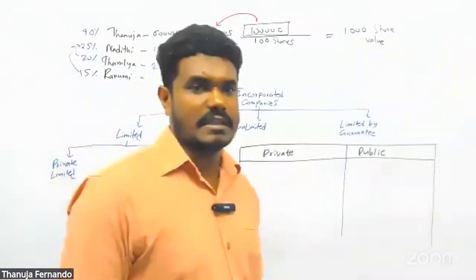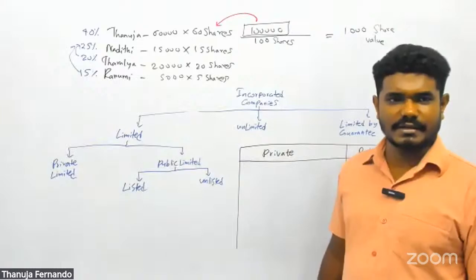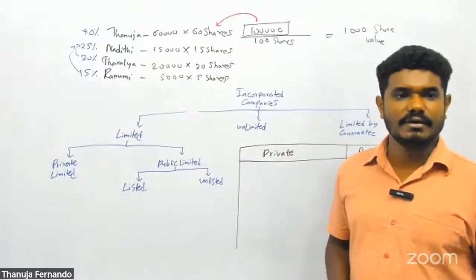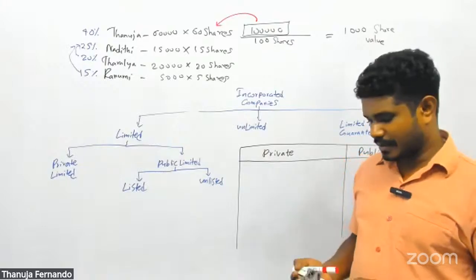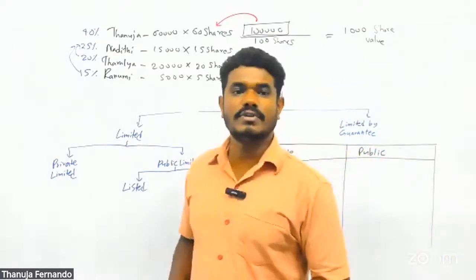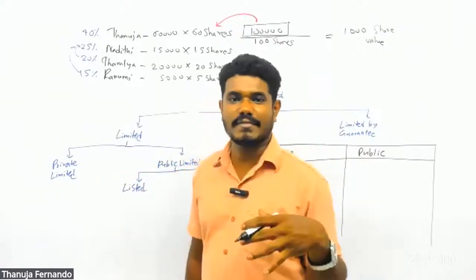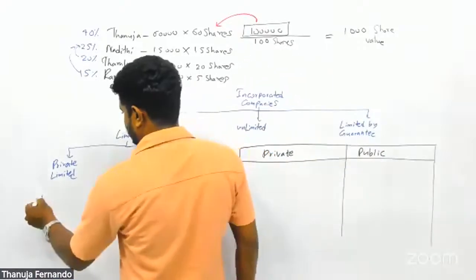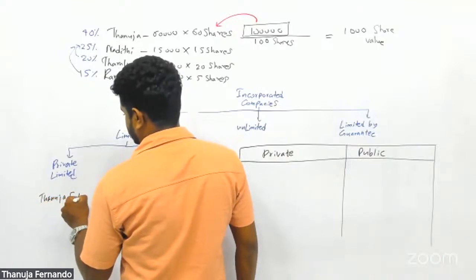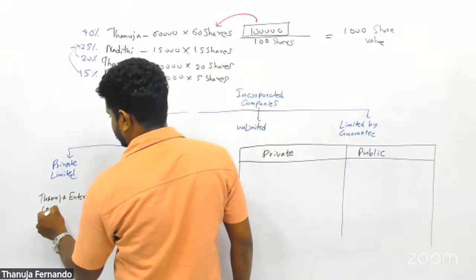The first one is the private limited company. How do we identify a private limited company? The word private is prefixed to the word company. Let's say my business is a private limited company, Tanuja Enterprises Private Limited.